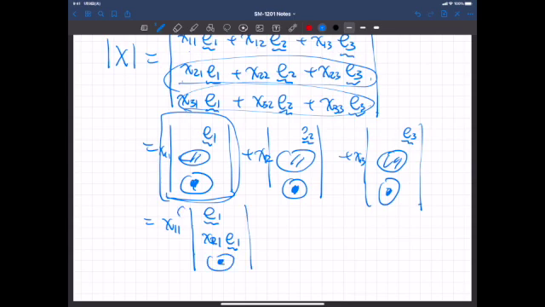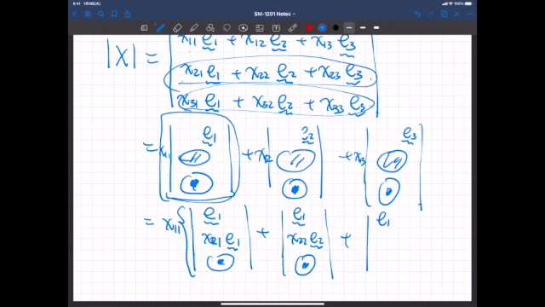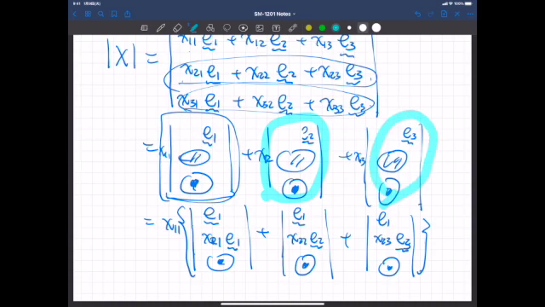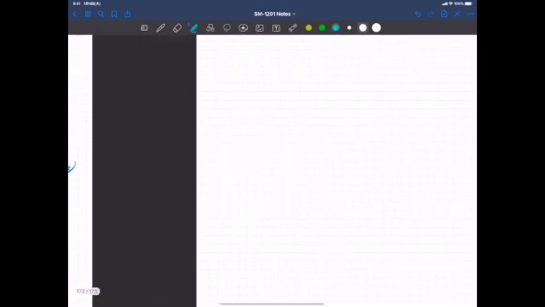Okay, plus e1, x22 e2, and the third row is the same, and e1, x23 e3, and the third row is the same. Okay, and we can do the same thing for the second term and the third term. Then we again split the third row into three terms for each of the terms. So in the end, what we get is this.